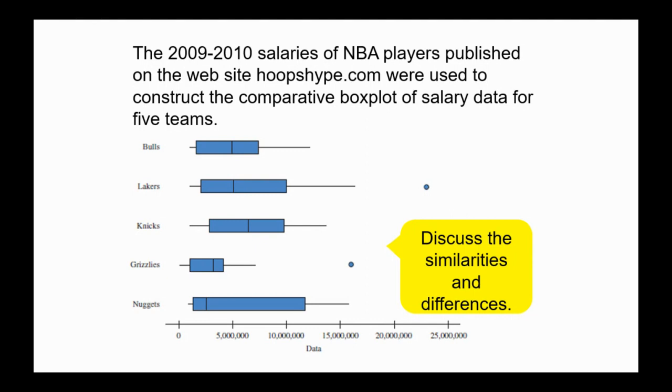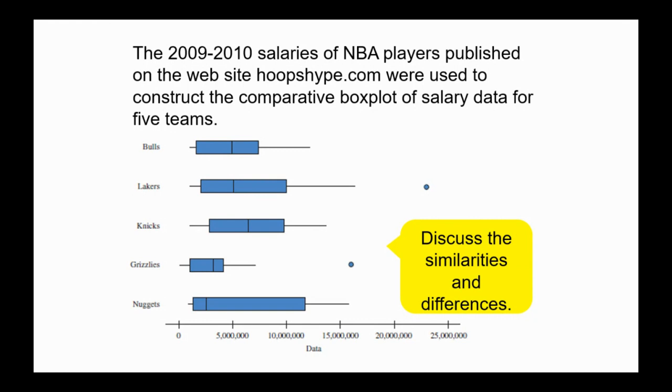So, which means most of the Grizzlies players make less than the rest of the league, because their median is really close to the lower quartiles on all the rest. So on the Grizzlies, just on the Grizzlies?